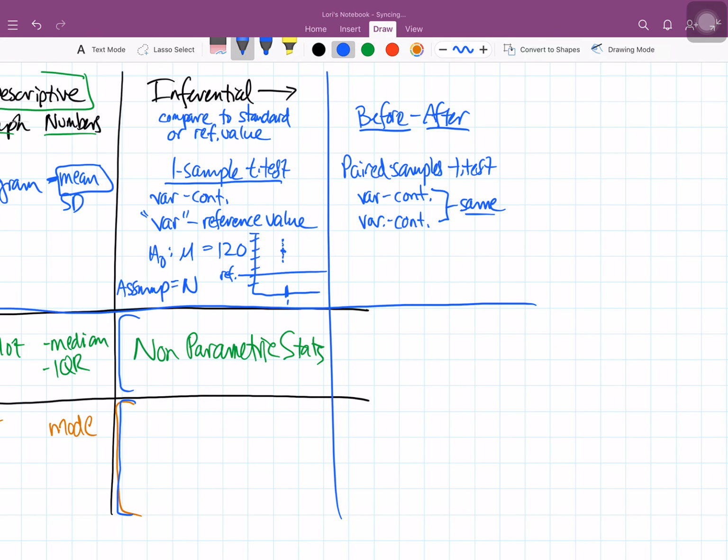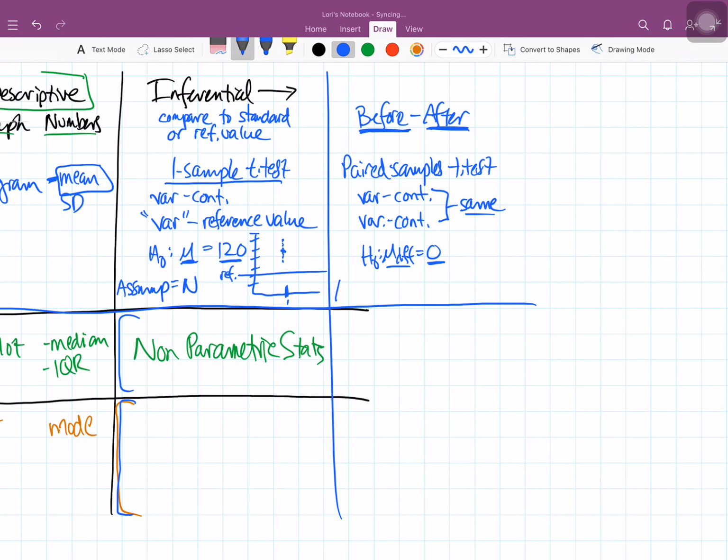It's not like I measure height at the beginning and weight at the end. That doesn't work for a paired samples t-test, so it has to be the same thing. And so my null hypothesis here is that the mean difference is equal to 0. So notice how we have a something is equal to something. We have here a mean difference is equal to specifically 0.